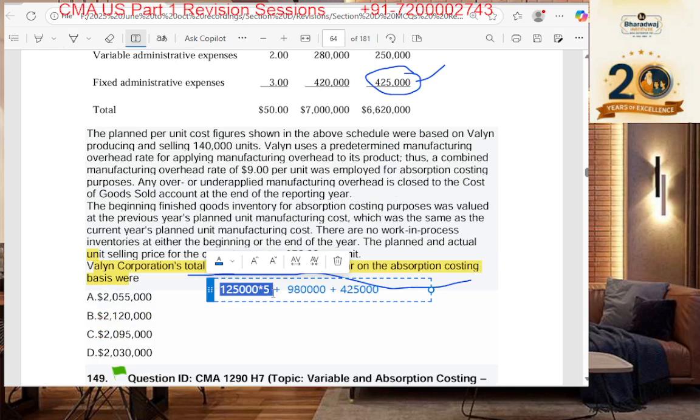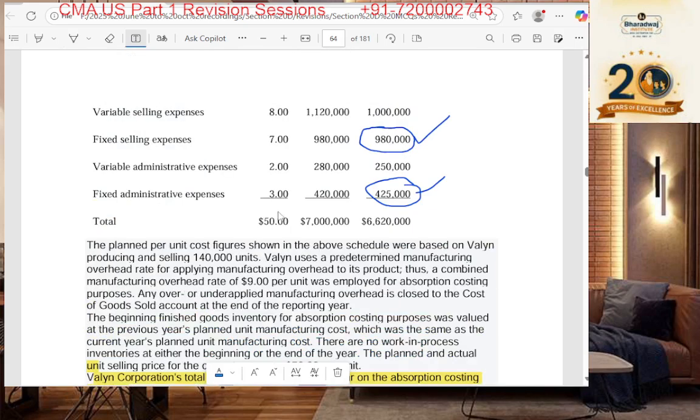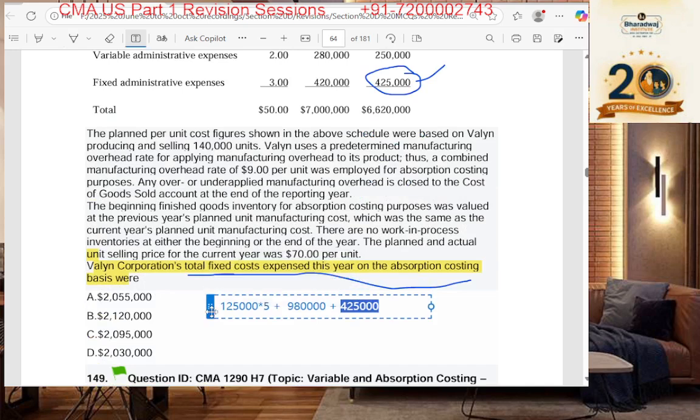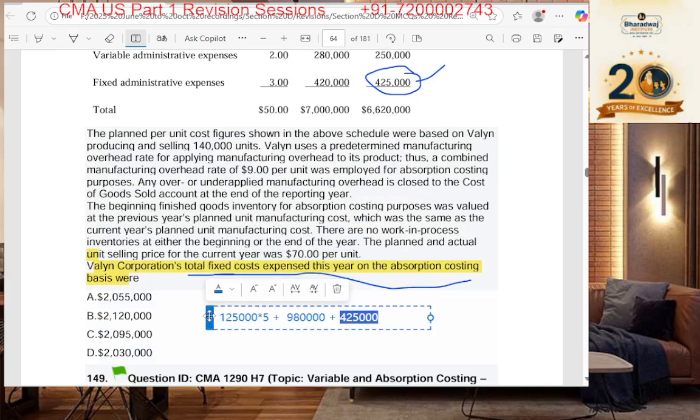This is the overheads assigned against cost of goods sold. Remaining will be included in inventory. This is your fixed selling expense. This is your fixed administrative expense. Total expenses that is charged in P&L account.